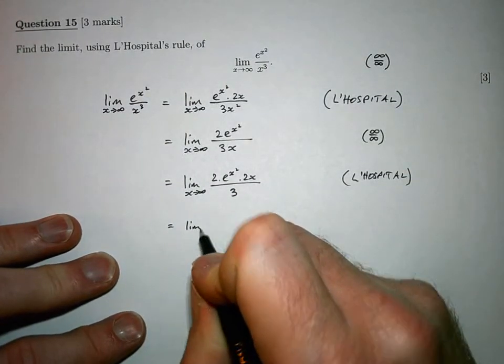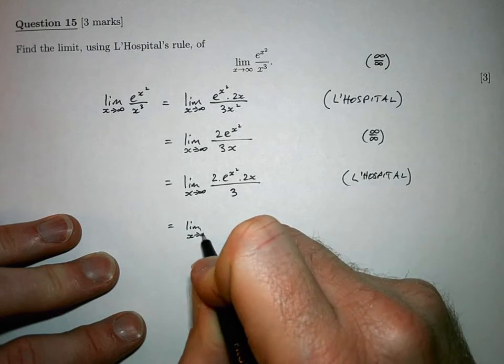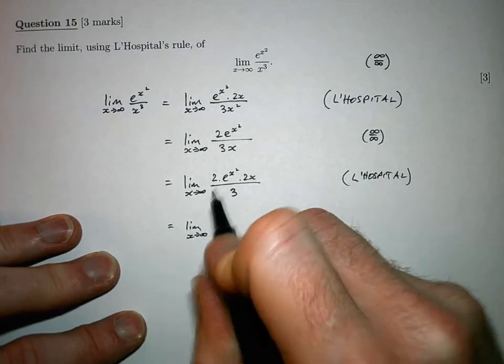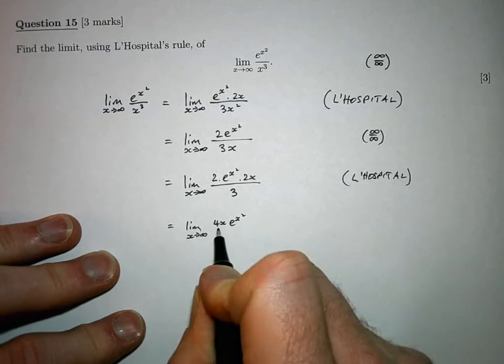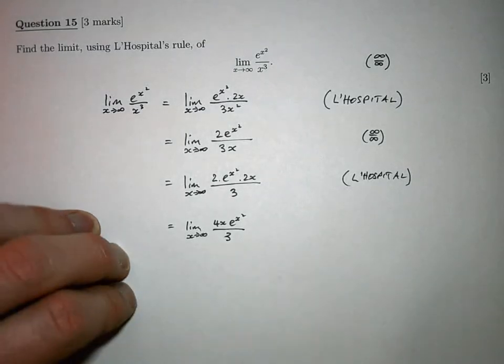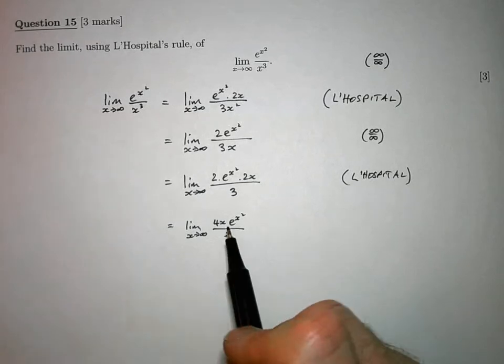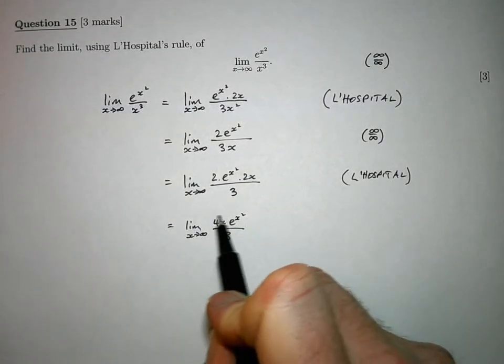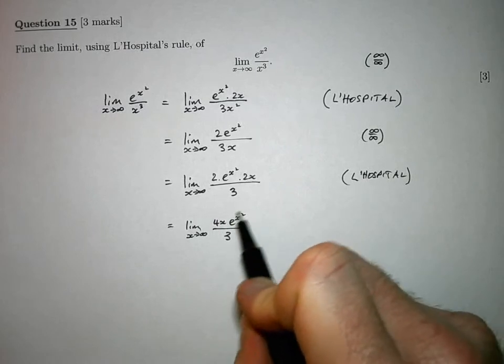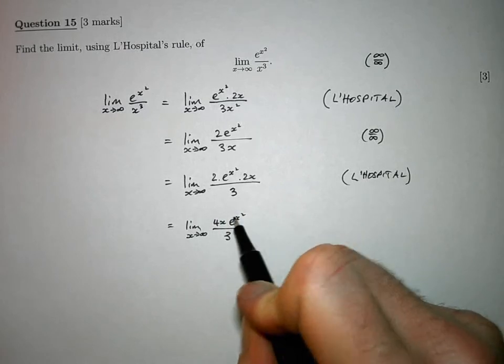Let's just write this a little bit more neatly. We've got the limit as x approaches infinity of 4x times e to the x squared all over 3. Now, we're pretty much done, because now we just need to look at the top. We've got 4x, well x is approaching infinity, so that's approaching infinity. E to the x squared is just racing off to infinity.